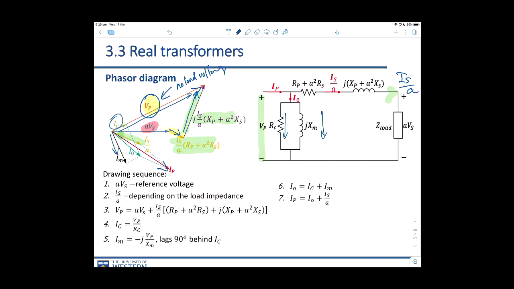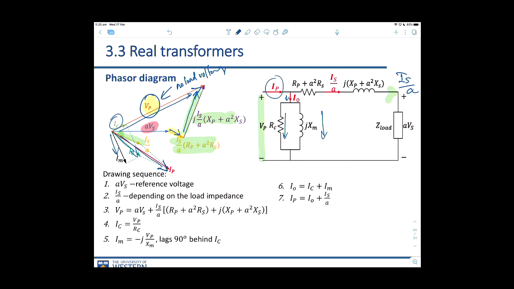Current lags the voltage in an inductor, 90 degrees behind. If I add IC to IM, I'll get I0, which is the current that flows here. And if I add I0 to Is on A, I will get Ip, which is that.